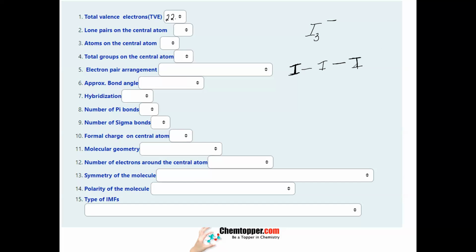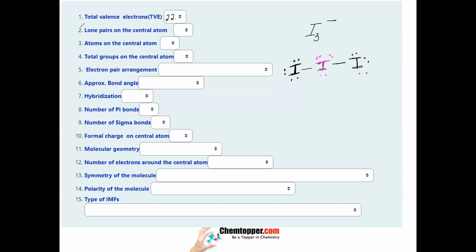You know that is not going to make a double bond now. So 3 lone pairs, very good. Check how many are used, how many are left. So how many lone pairs on the central atom? 3 lone pairs.